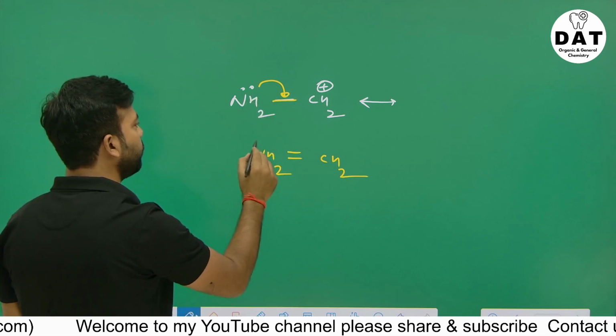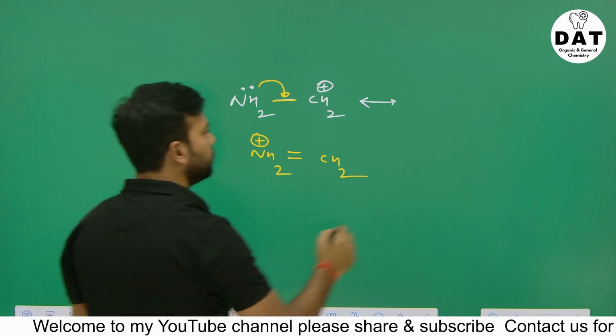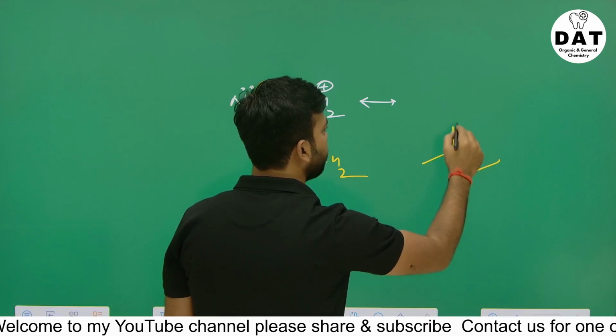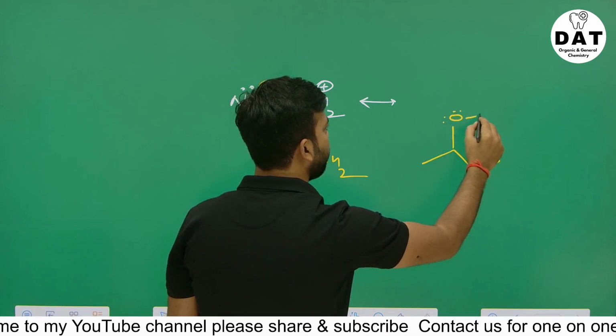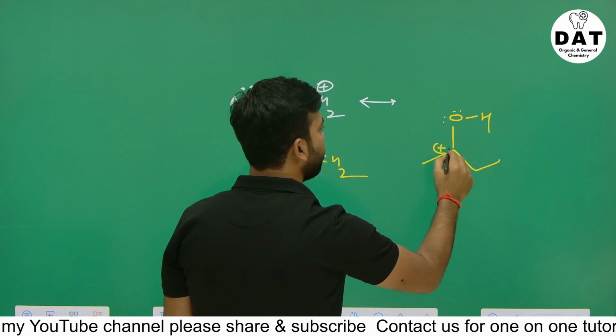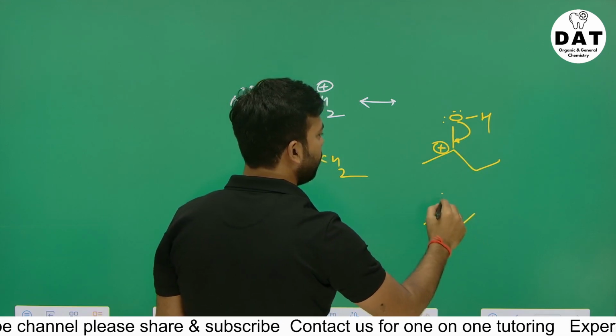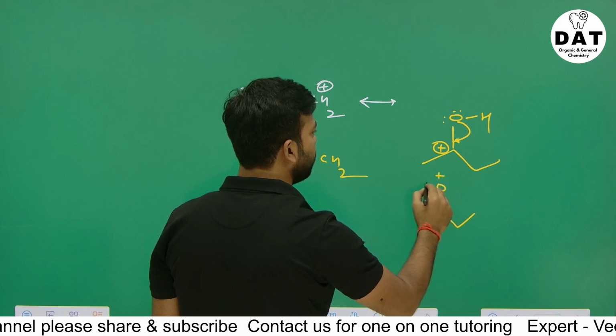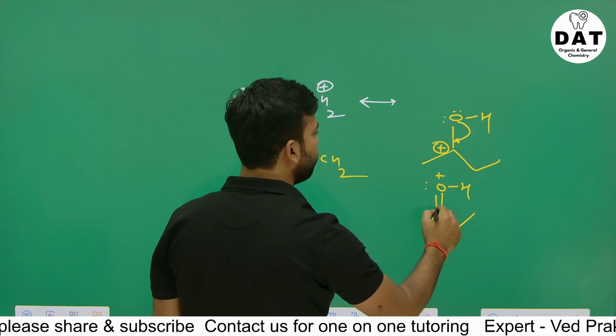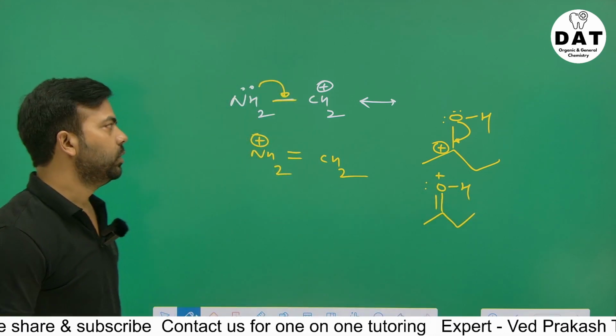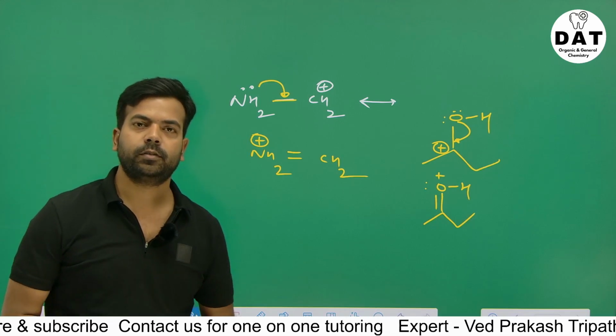Nitrogen has tail, so positive. Suppose we have this one. So it will donate like this. As a result of it, oxygen has positive, then lone pair, then H, and here we have double bond. So this is all about the resonance structure.